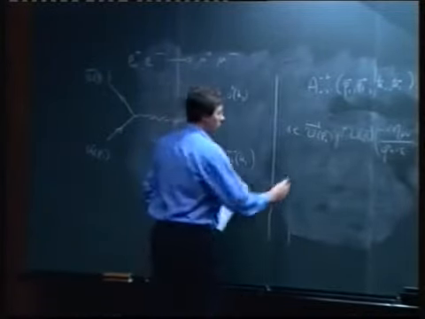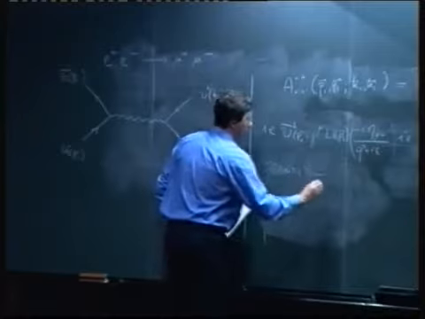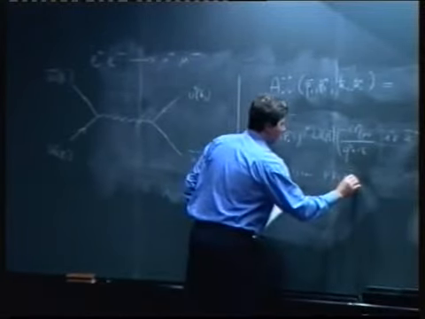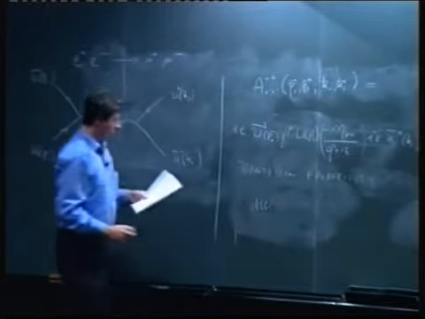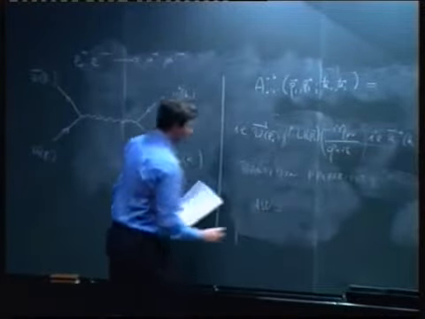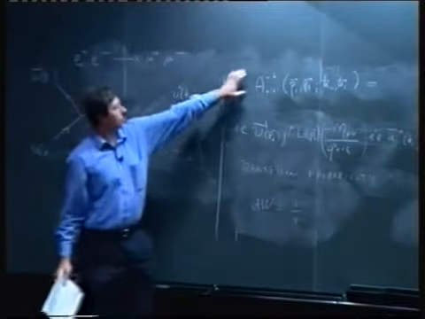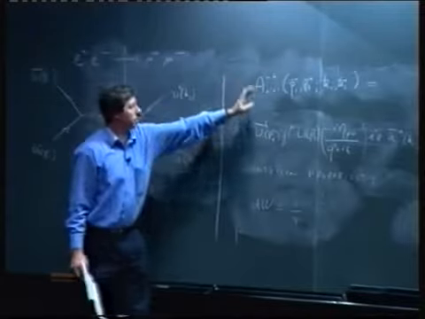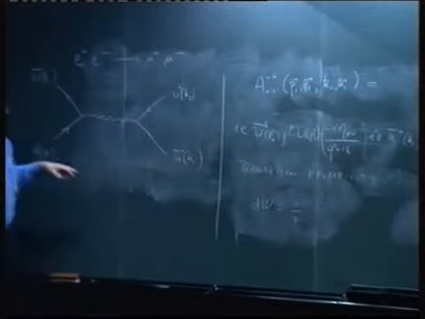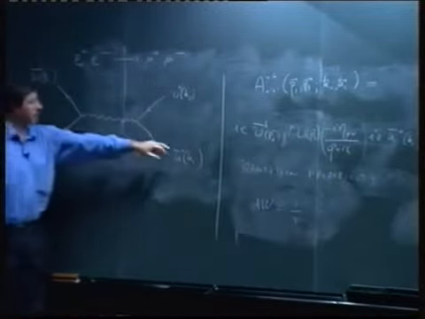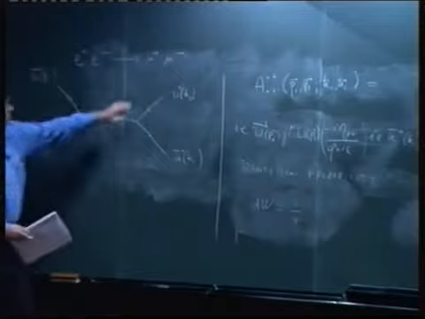the transition probability, I call it dW, then this is equal to, well, actually what I'm going to do is take the square of the amplitude, but if I'm not interested in the precise polarization of the electrons and muons, I'm going to sum over the initial polarizations, and I'm going to average also over the final polarizations which I have over here.